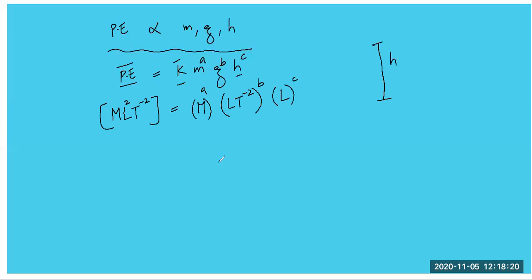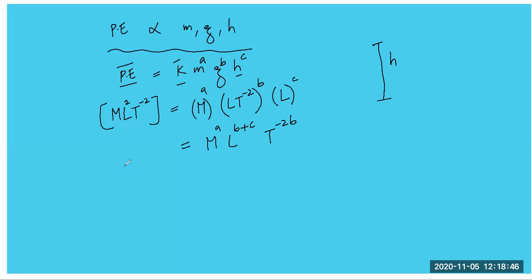You got it? See, mgh, mass into acceleration due to gravity into h, right? So this will be, I can say, M raised to power a, L raised to power b plus c, T raised to power minus 2b. Am I right? Any doubt? Anybody has any doubt? Fine.